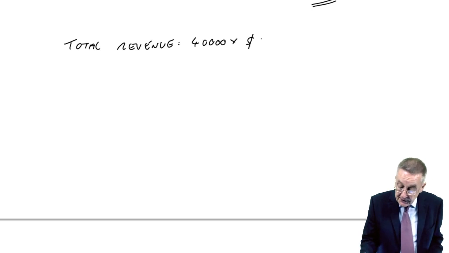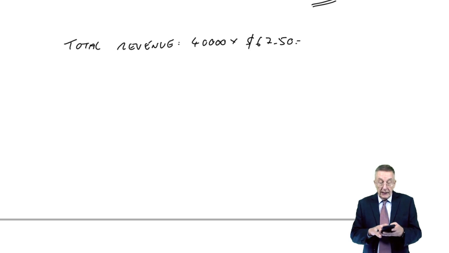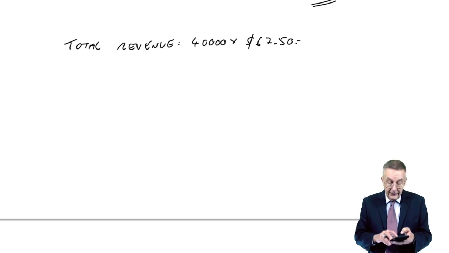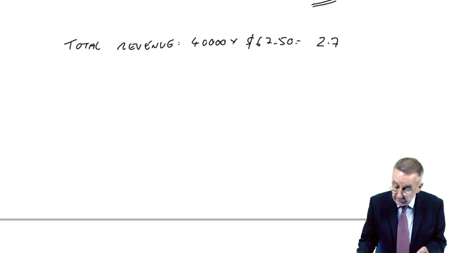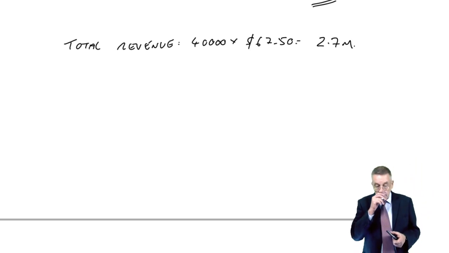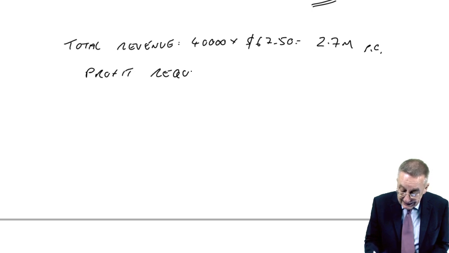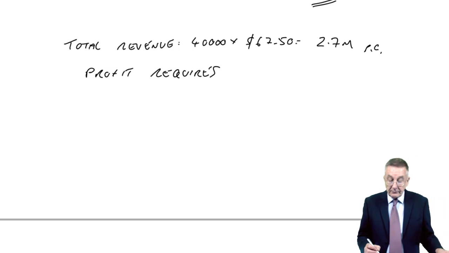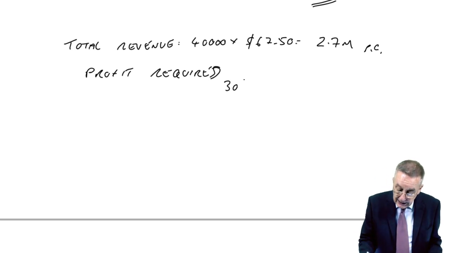40,000 at 67.50 a unit. So we think we'll earn £2.7 million. The profit per year, obviously. The profit we require, it says we want a return on investment of 30%.